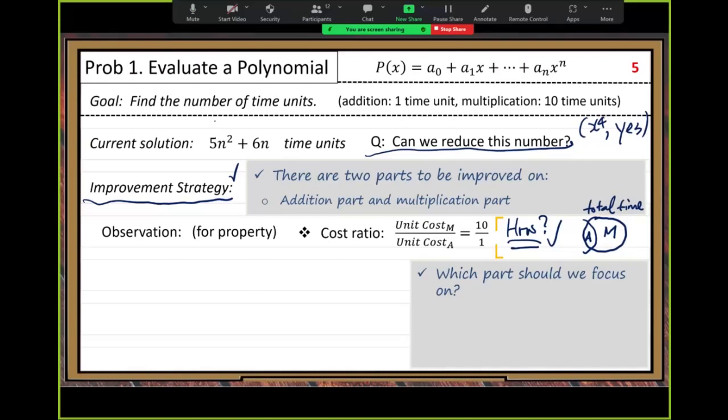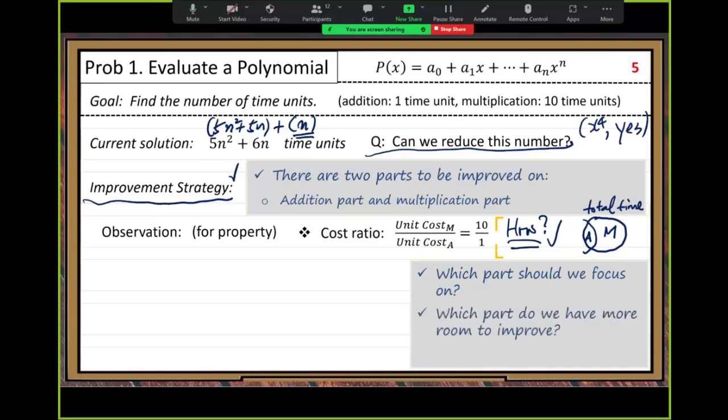Other than the unit difference, for the number of operations, multiplication is 5n squared plus 5n, and for addition the number is much smaller. Unit cost is much smaller, and number is also much smaller. So overall, the execution time spent on addition is much smaller than the execution time spent on multiplications. Huge difference. That's our observation.